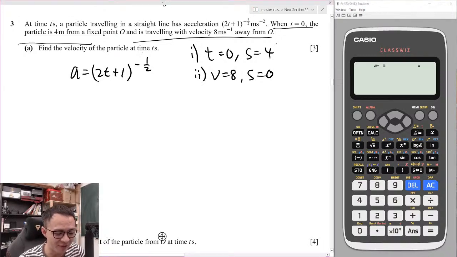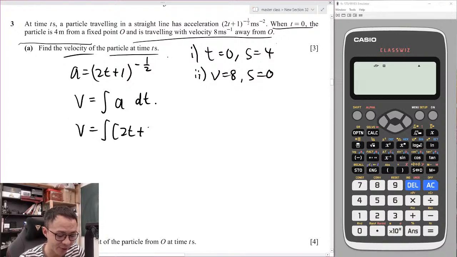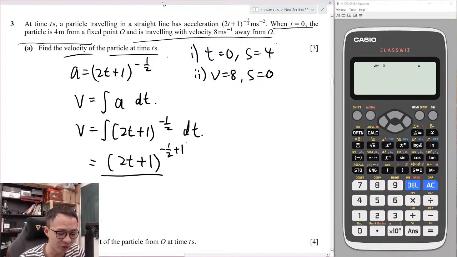They asked us to find the velocity of the particle at time t here, so I want to find v. I know I need to integrate a dt here. So I will integrate (2t plus 1) power negative half dt. When I want to integrate, the integration law tells me the power needs to plus 1, and divide by the new power I have, which is half.